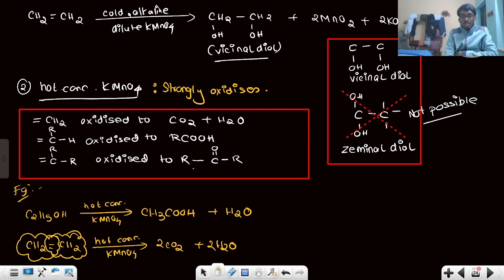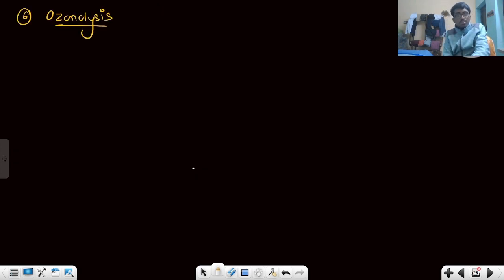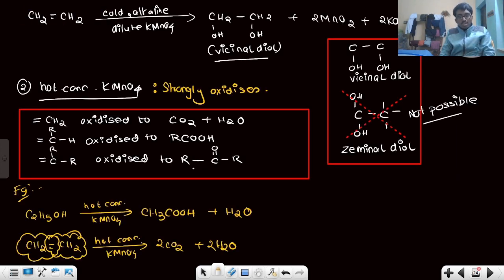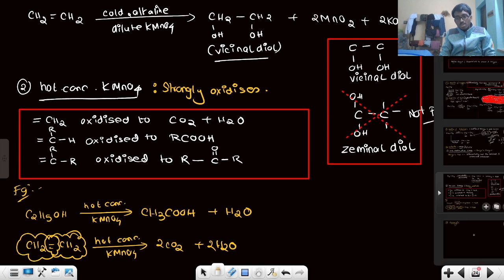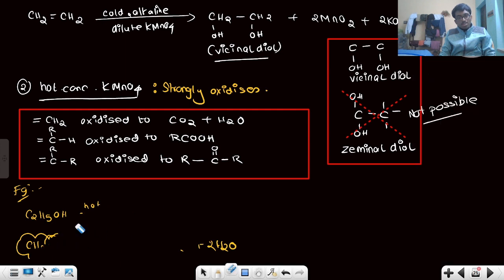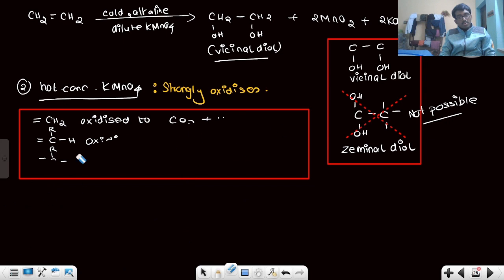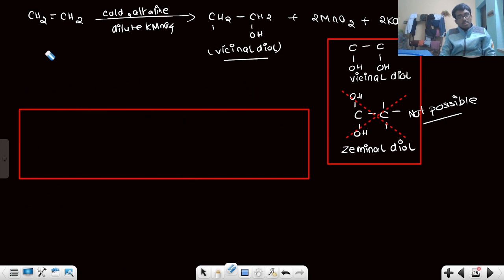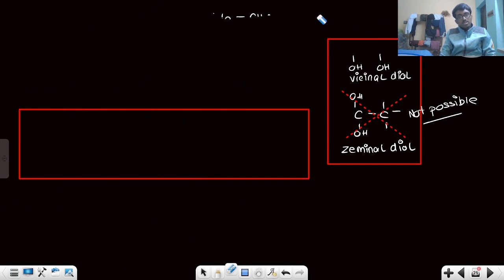No doubt. Okay, let me show what's ozonolysis. Ozonolysis I am starting. Before that, let me show one more example. Though I don't think I need to show any more examples, but still I am showing. Let me quickly erase this.